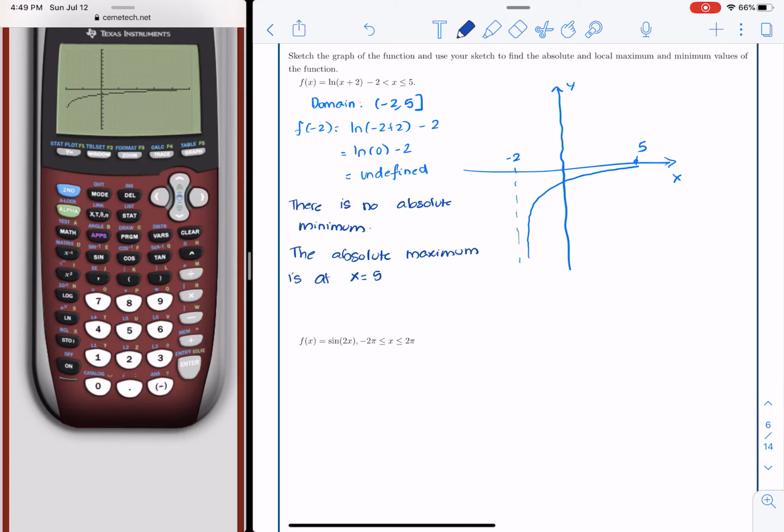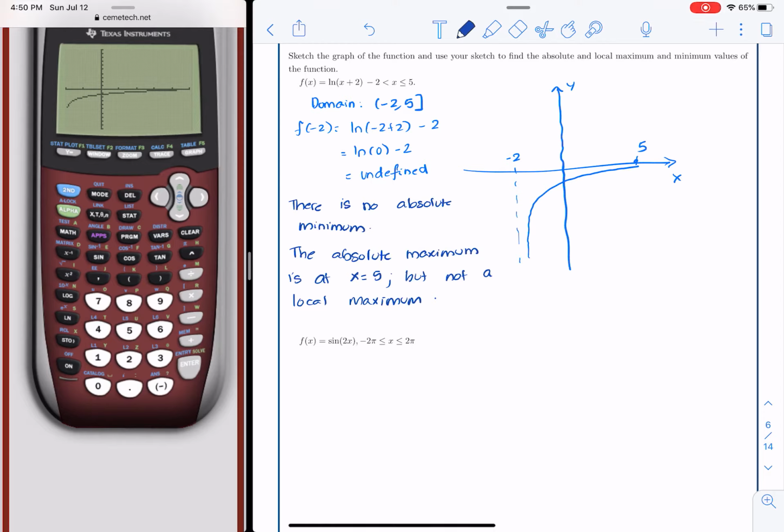Yes, but it is not a local maximum. And why would that be? We are going to use the same reasoning as before. X is equal to 5 is an endpoint.